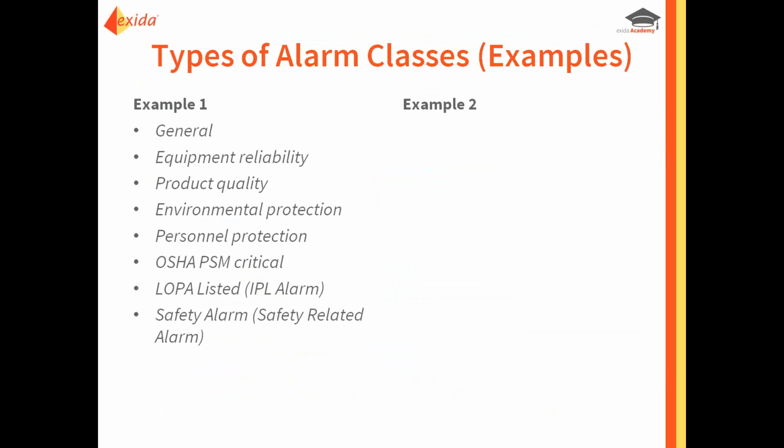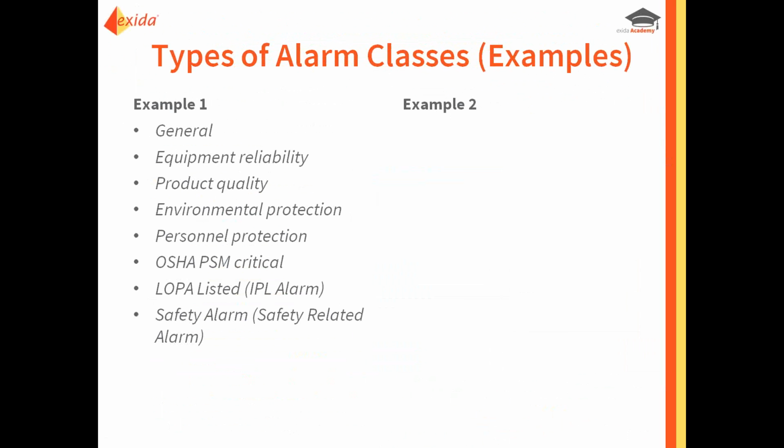In the first example set, we have potential classes such as general, which means no specific or special requirements, equipment reliability, product quality, and environmental protection, so alarms that are there to prevent violating an environmental permit or having a release to the environment.